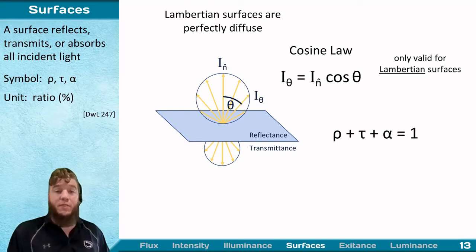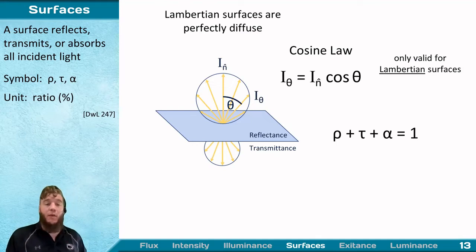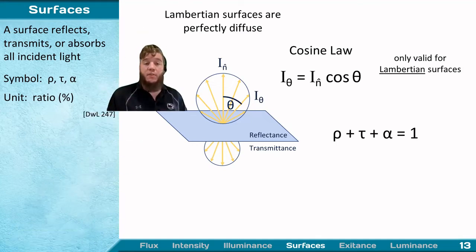However, before we get to the way we use those, let's talk about how light interacts with a particular kind of surface that's extremely relevant to architectural lighting design, and that is a Lambertian surface. Lambertian surfaces are perfectly diffuse surfaces. They're very common.